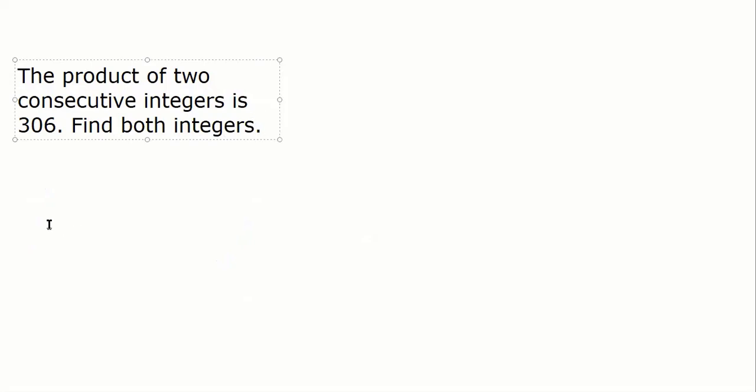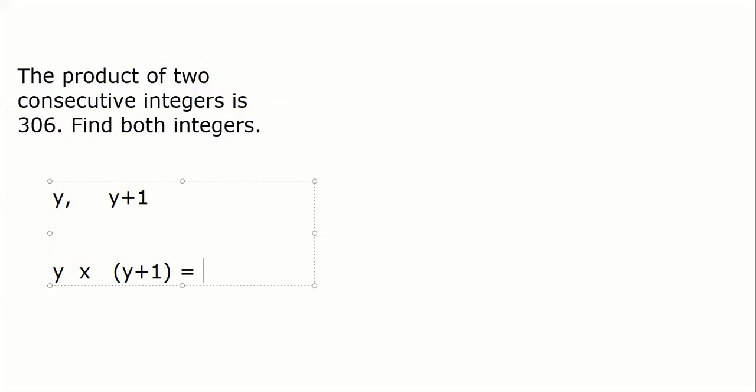When you say the product of two consecutive integers, suppose the first integer is y. So what will be my second integer then? Y plus 1, correct? It's a product of these, so y multiplied with y plus 1 gives me 306. That is the equation. Y squared plus y equals 306.